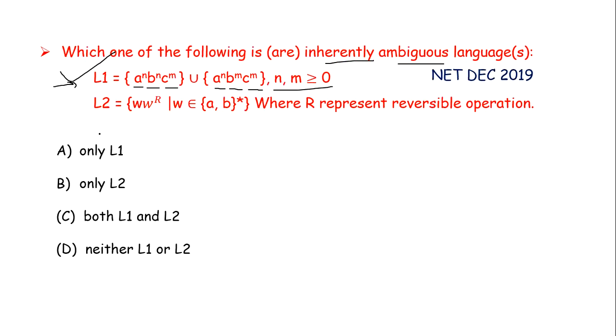Now what about L2? L2 is W W reverse, where W belongs to {a, b}*. L2 is not inherently ambiguous, and one unambiguous grammar for this language is S gives aSa, S gives bSb.